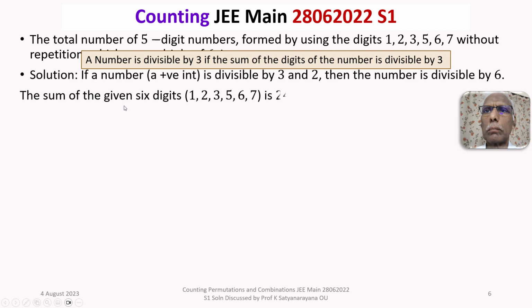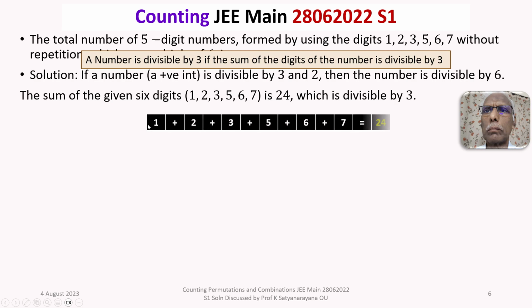The sum of the given 6 digits, 1, 2, 3, 5, 6, 7, is 24, which is divisible by 3. But we have to form only 5-digit numbers using 5 of these 6 digits.